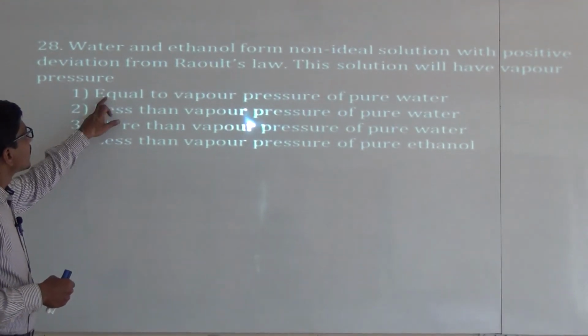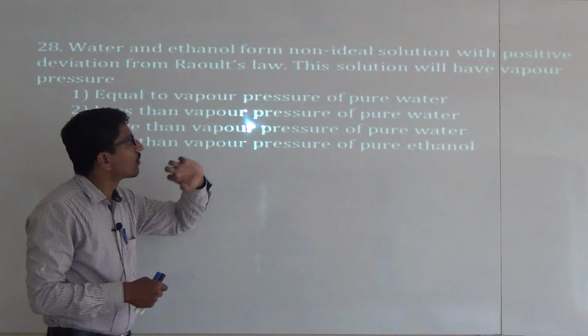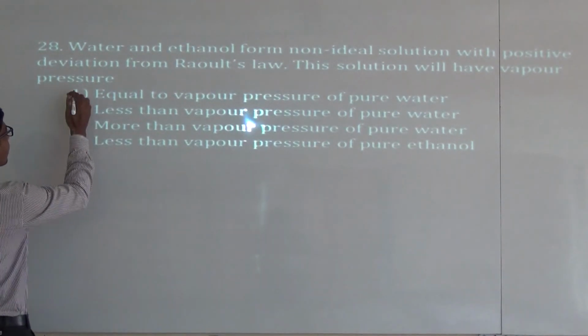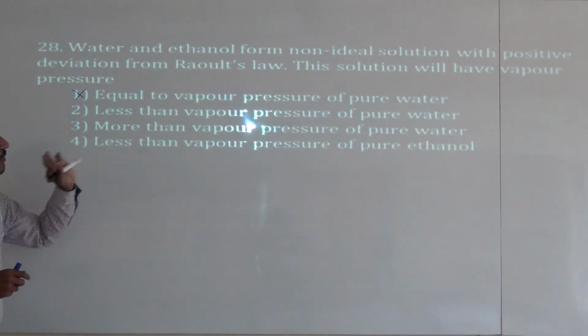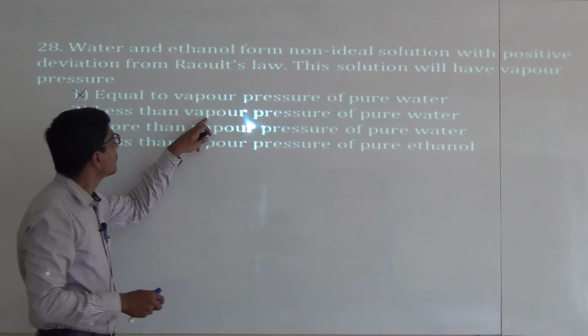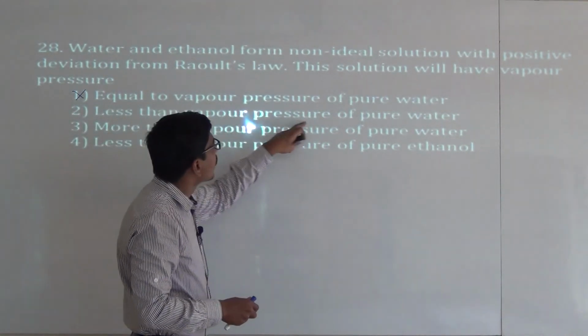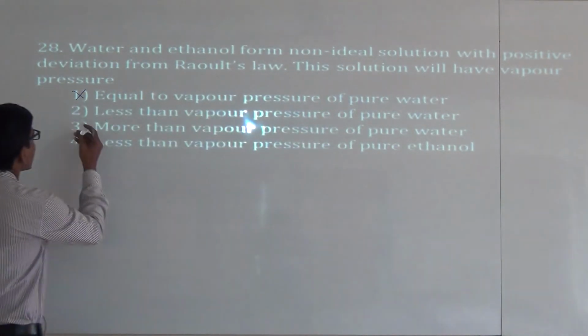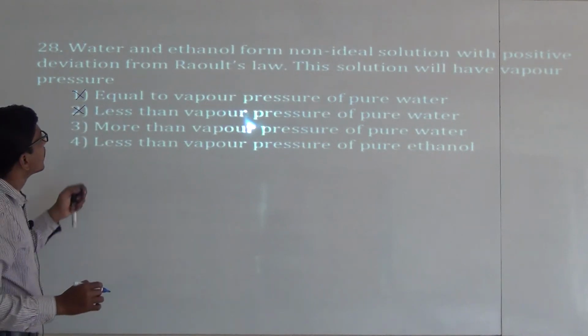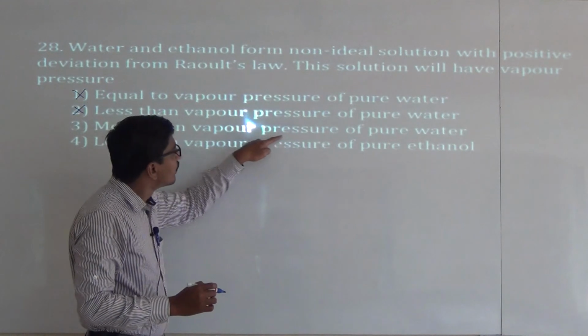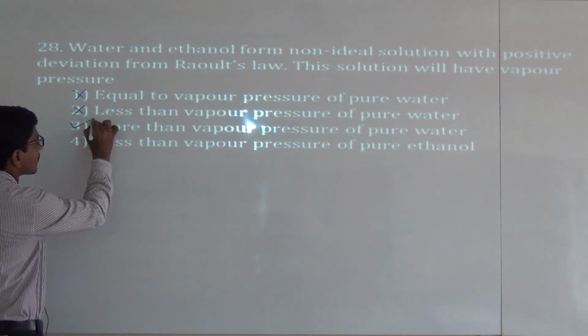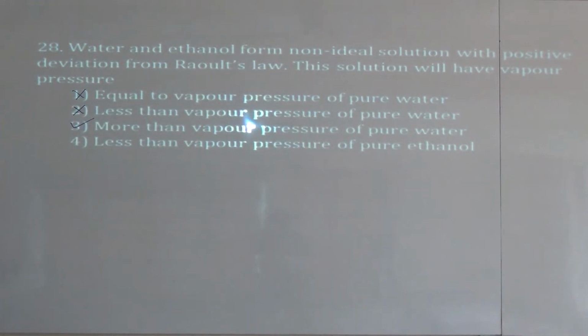The first option, equal to the vapor pressure of pure water, is wrong. Less than pure water is also wrong, and the vapor pressure being more than pure water is the right answer.